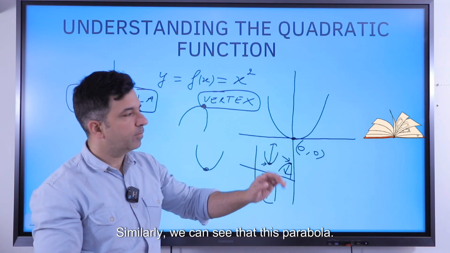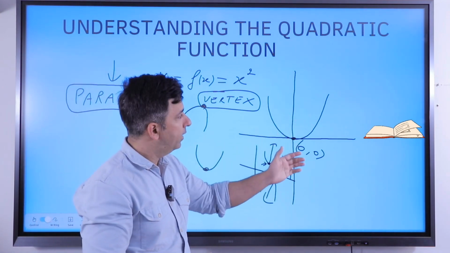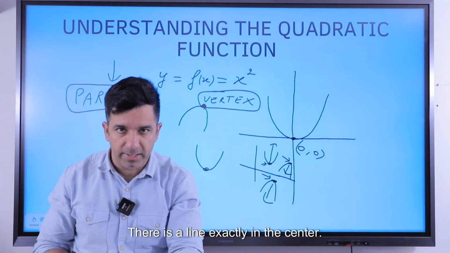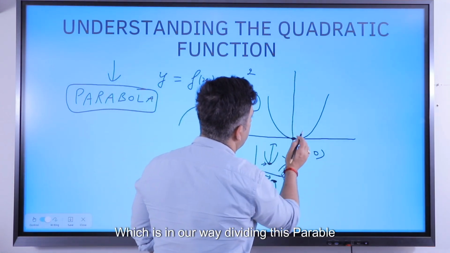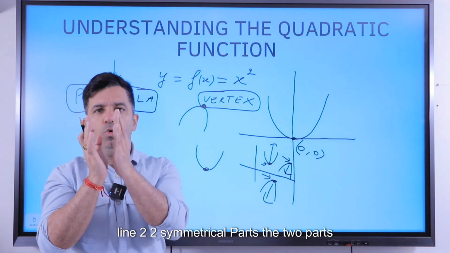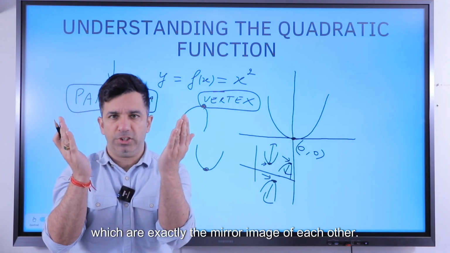Similarly, we can see that there is a line exactly in the center, which is dividing this parabola into two symmetrical parts, two parts which are exactly the mirror image of each other.